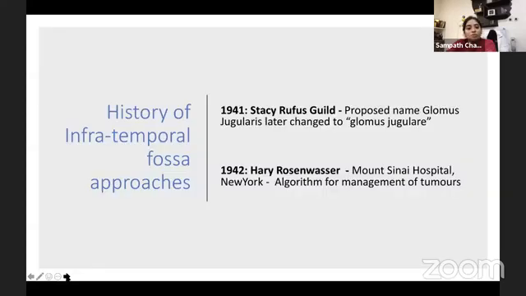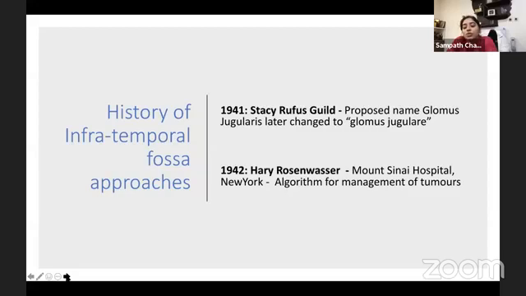So coming to the history of infratemporal fossa approaches, it started with the area of the glomus jugulare region. In 1941, Stacy Rufus Guild found some vascular tumors occupying different areas of the temporal bone region, most commonly the jugular fossa region.